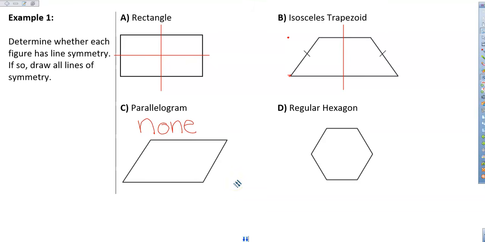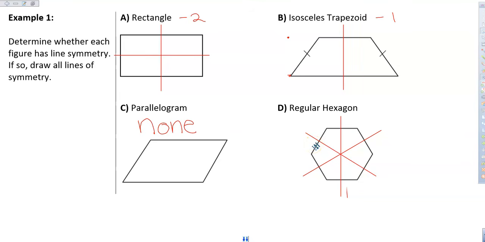Our regular hexagon has quite a few lines of symmetry. A regular hexagon is going to have a line this way. So that's one line. I'm going to have a line matching that on all of the other ones. So this is line 2. This is line 3.